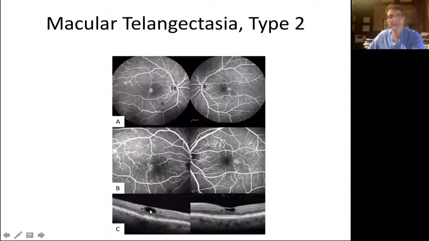In macular telangiectasia type 2, we have these pseudocysts. So there are these optically clear areas without thickening of the fovea. This is a typical pseudocyst, and this is quite typical of macular telangiectasia type 2.